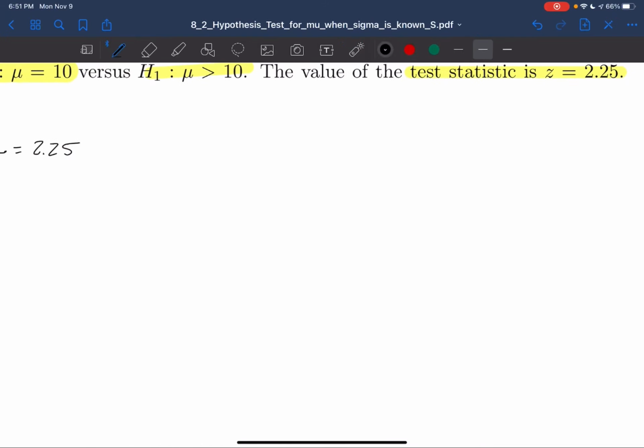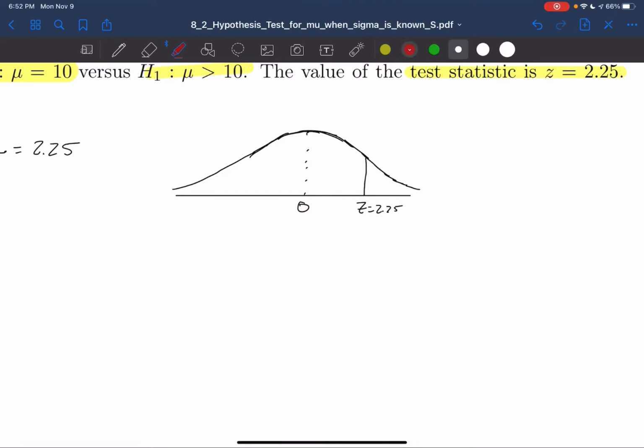Let's draw a normal curve. This has a mean of 0. So our z is somewhere here. This is our z, which is 2.25. And we want to find the area to the right of this, since we're doing a right tail test.